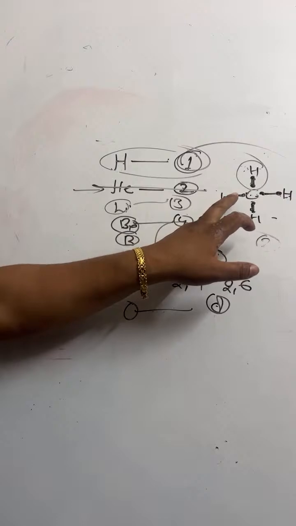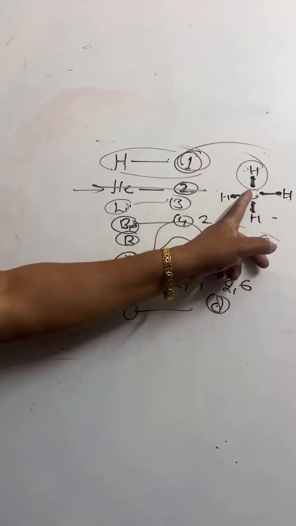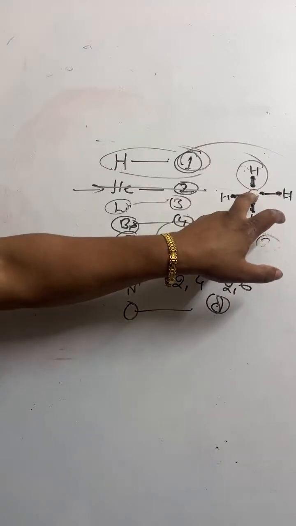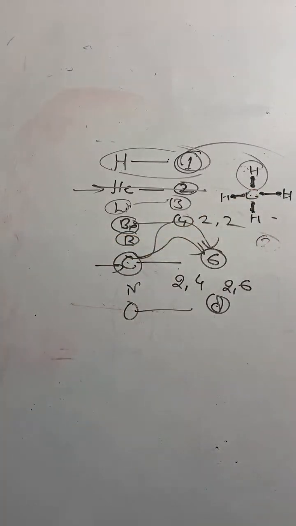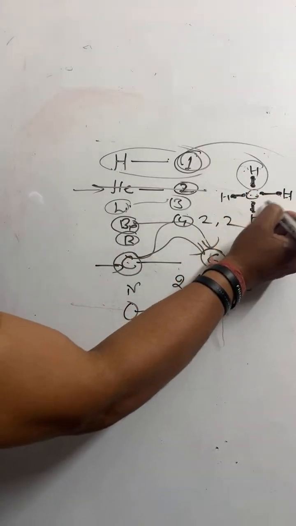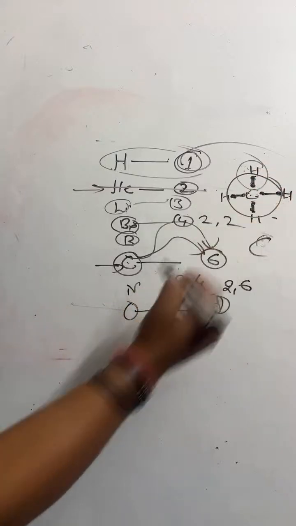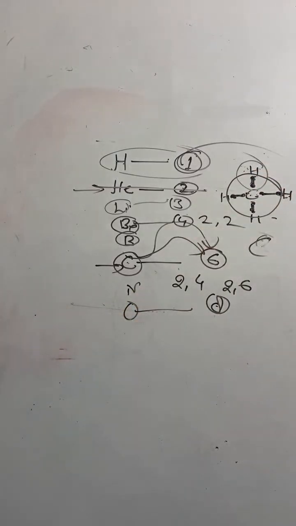This hydrogen will say, this and this is mine, while this electron is an electron of carbon. And if you ask carbon how many electrons it has, he happily says 1, 2, 3, 4, 5, 6, 7, 8. I'm having 8. Now carbon is happy. And in such a case, when such type of bonding takes place, we say hydrocarbons are formed.